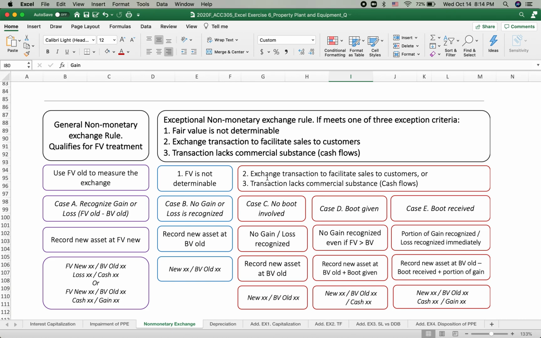It has some intentional exchanges between two parties, so we do not follow the fair value of this asset, so it cannot be reported at fair value of asset in the balance sheet. Also, if there's no fair value identified, then we just follow the book value of old.